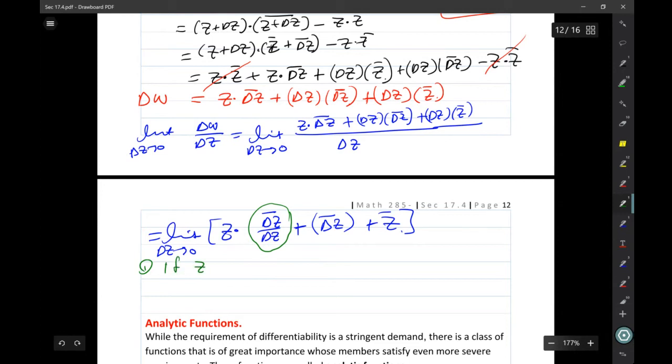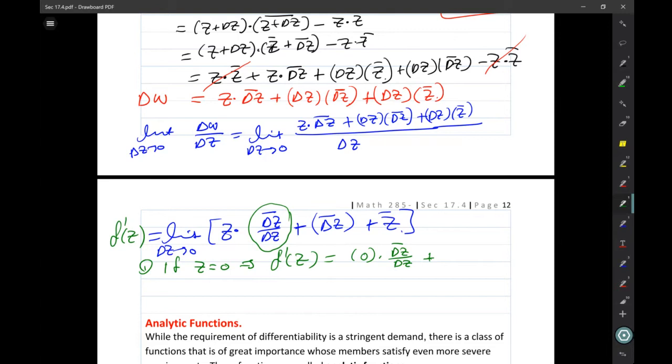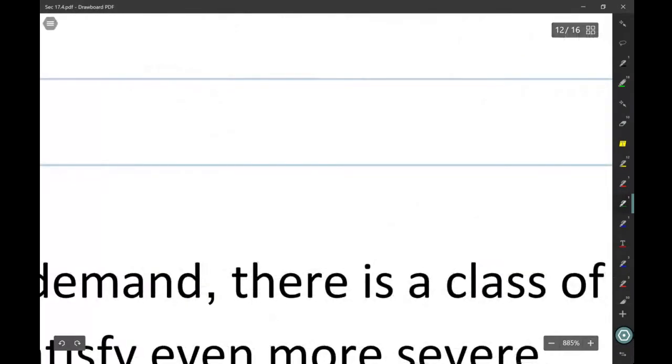Number one, if z is equal to 0, then f prime of z becomes the limit of 0 times delta z conjugate over delta z plus 0 conjugate, which is equal finally to 0.